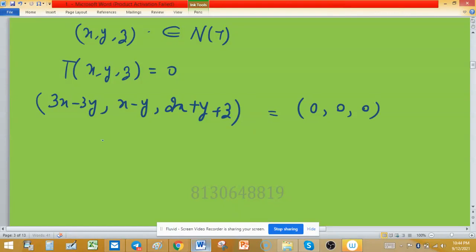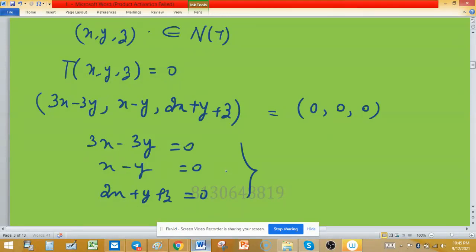Comparing these two triplets, we have 3x − 3y = 0, x − y = 0, and 2x + y + z = 0. Now write the coefficient matrix of this system: rows (3, −3, 0), sorry, (1, −1, 0), and the last row is (2, 1, 1).